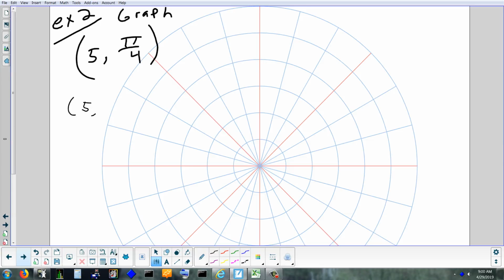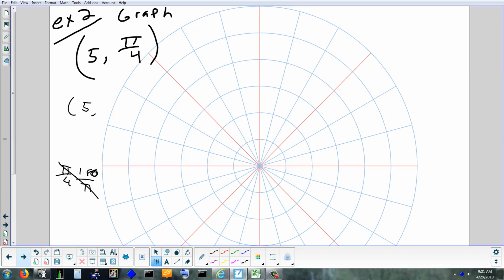So can someone tell me what is pi over 4 radians if we change it to degrees? Remember? Well, how do we change radians to degrees? What do we have to do? Okay. So 180 over pi. And if I do that, what's going to happen?